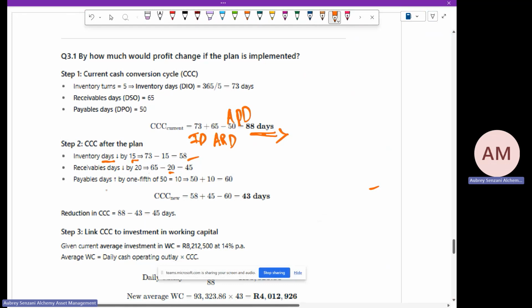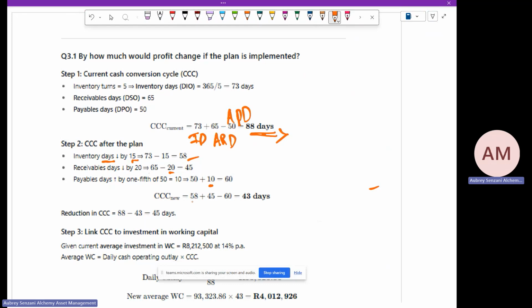Okay. And then they said we are going to increase the time to pay our creditors by a fifth. So 1/5 times 50, you then get your 10 days. And so we have then 60 days.